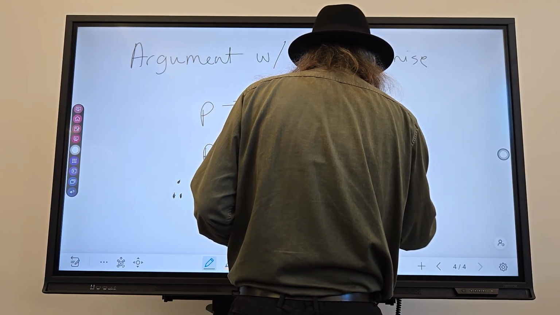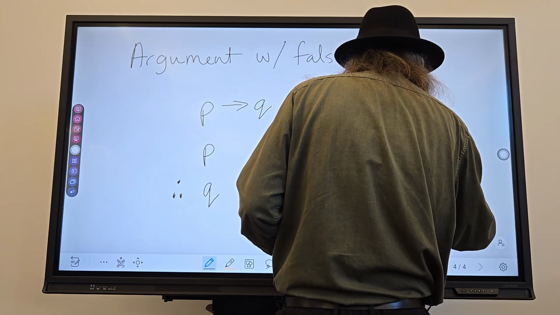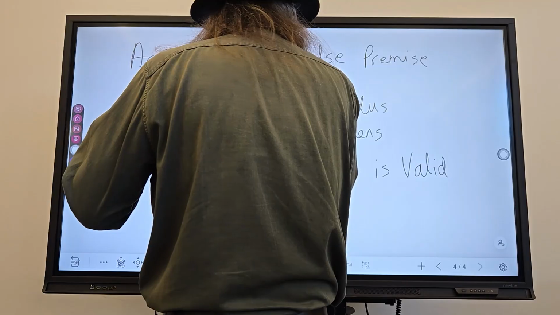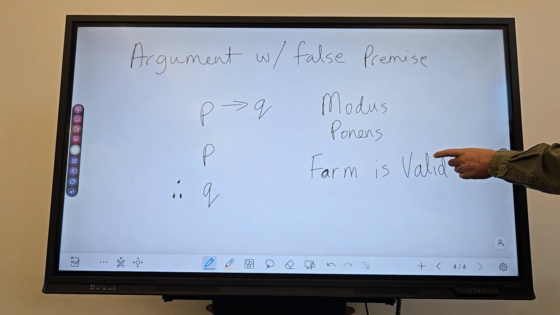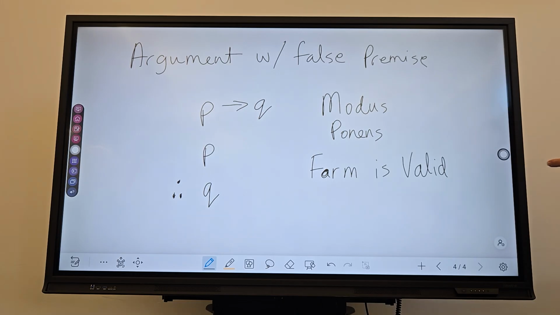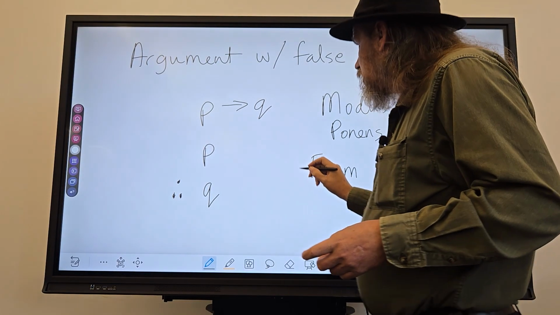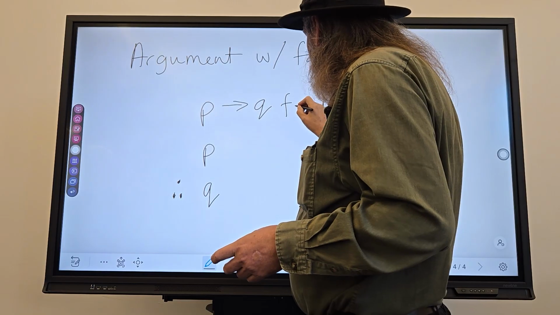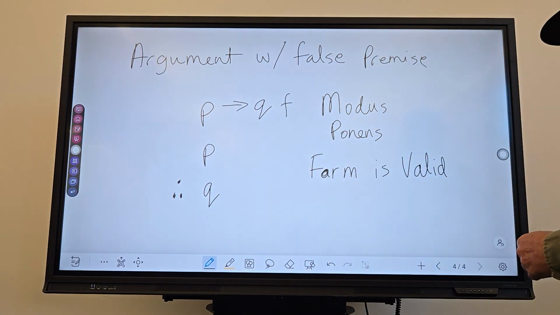The form is valid, but the first premise is false. If this is false, then the argument is not valid.